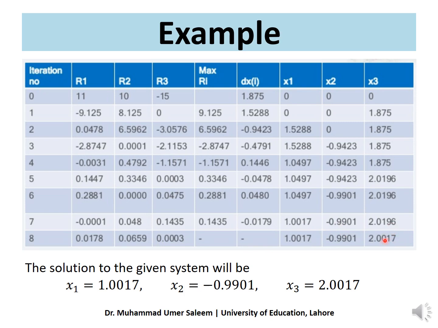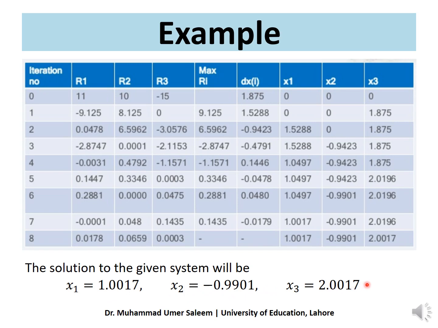This is 2 decimal accuracy because this is 196019, so it's giving less than 0.9. So the whole result should be 2 decimal accurate, since this is 4, this is 4, this is 2. So you will have 2 decimal accuracy. So the final solution to the given system will be this one.